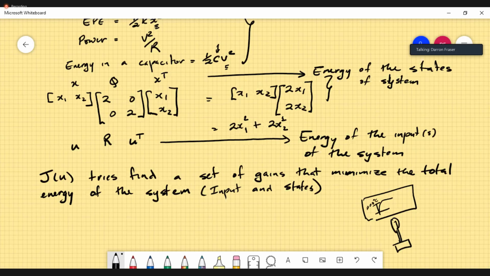So it's going to give you a trajectory that minimizes the amount of energy that you would use in a particular system. Make sense?